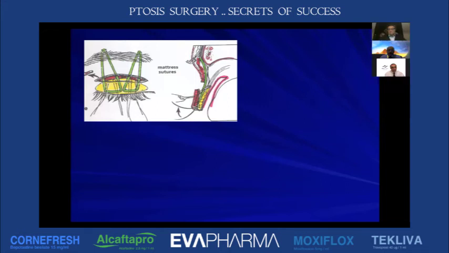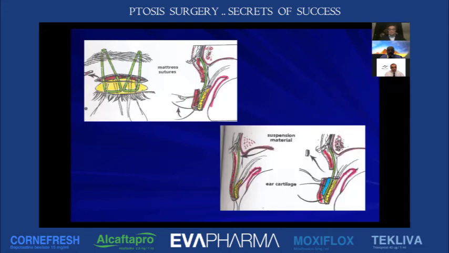This makes things better. In cases of entropion, sometimes we need to put a spacer of ear cartilage, as you can see here in blue, in front of the tarsus to support it, especially if the tarsus is deficient or weak.